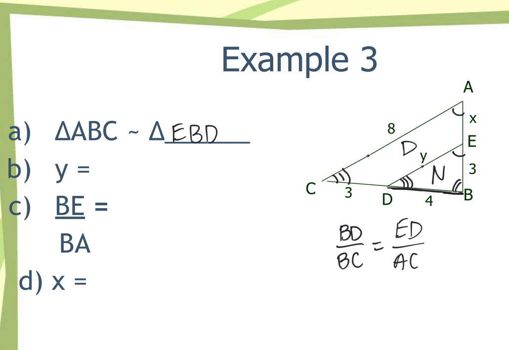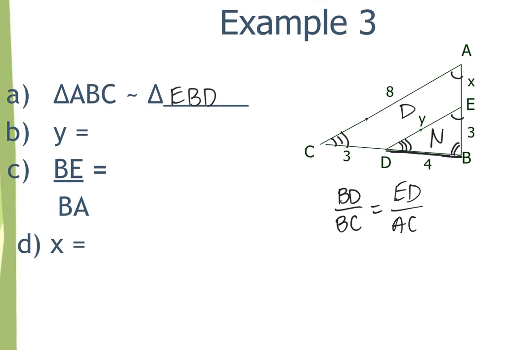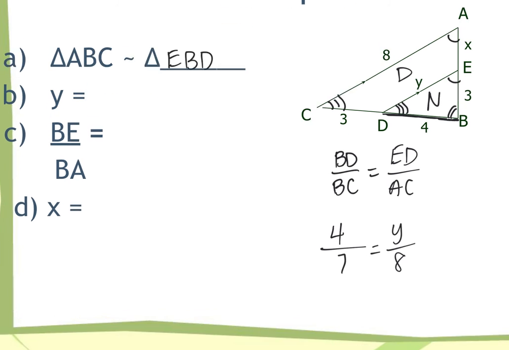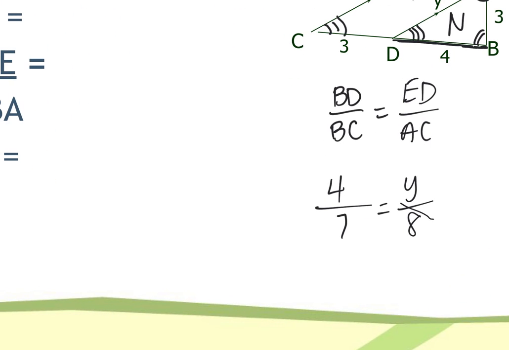So BD over BC, which is 4 over, what's the length of BC? 7 should be equal to, what's ED? y. y over 8. So my scale factor is 4 over 7, and I'm setting that equal to the proportion of y over 8. So once I set this equal, I cross multiply.